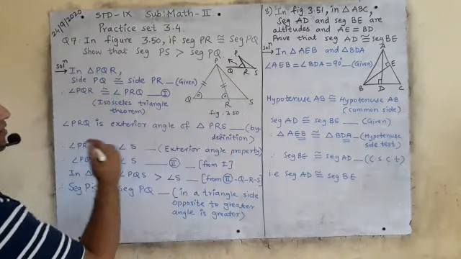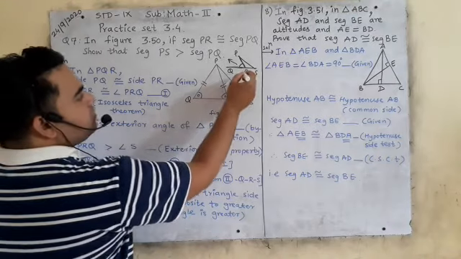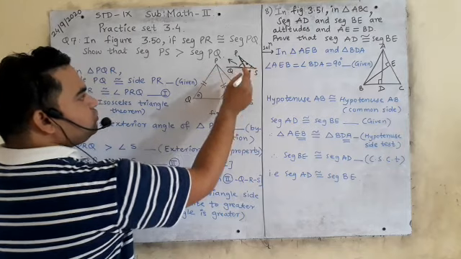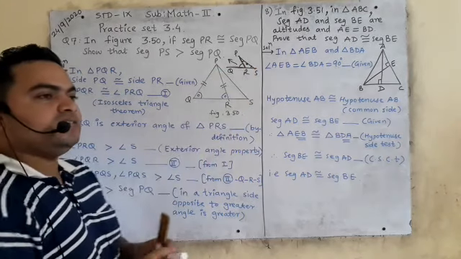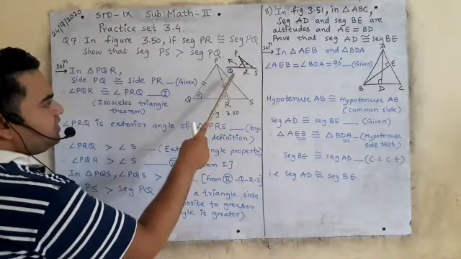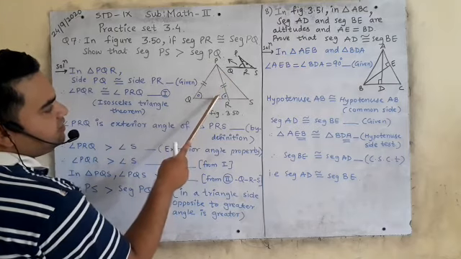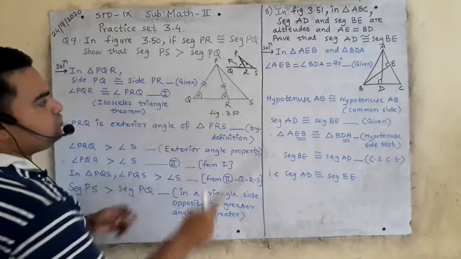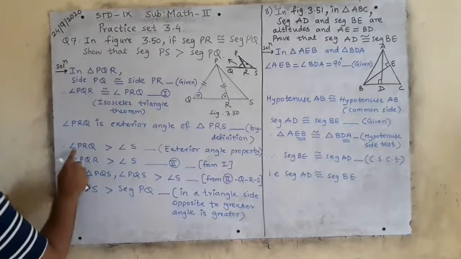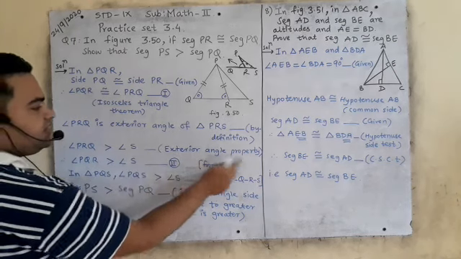PRQ is greater because it is equal to the sum of its two opposite interior angles. Is it clear? Therefore, angle PRQ is greater than angle S, by the exterior angle property.